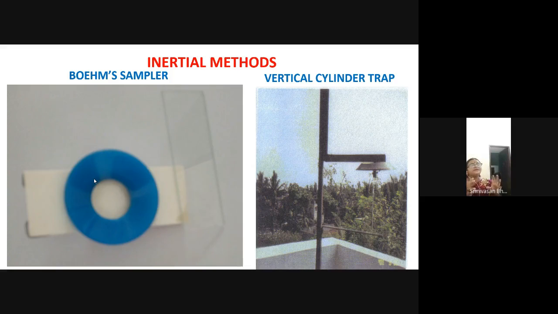This particular sampling is done for 24 hours so that you can know how much a person is exposed to microbes within 24 hours. So when you remove the slide and see through the microscope, you can know how much a person would have been exposed to the microorganisms within that 24 hours of time.